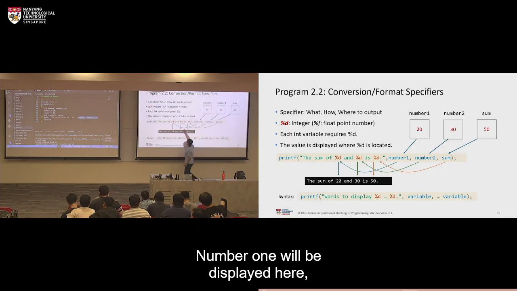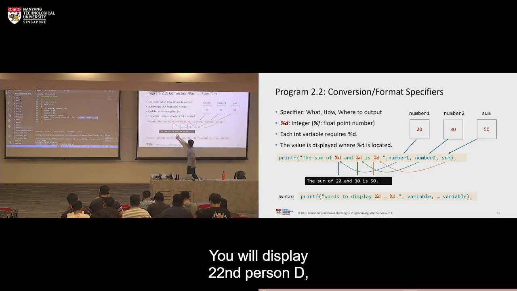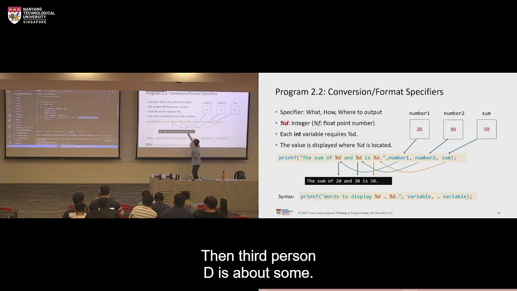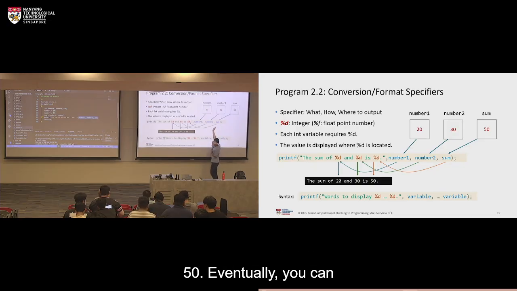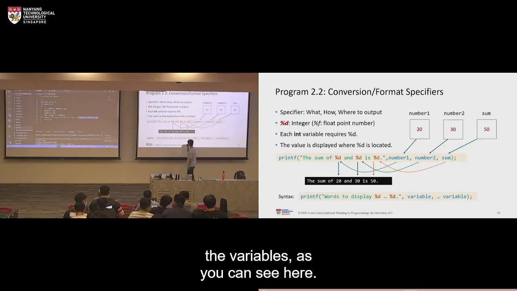So number 1 will be displayed here, where the first %d is located. So you will display 20, and for the second %d, number 2, you will display 30. Then the third %d is about sum, 50. So eventually you can display the value of the variables, as you can see here.